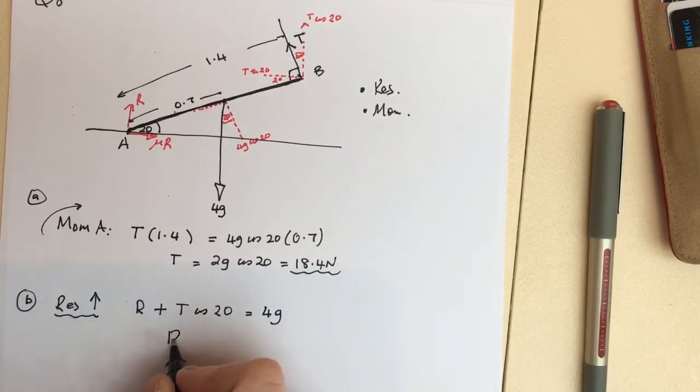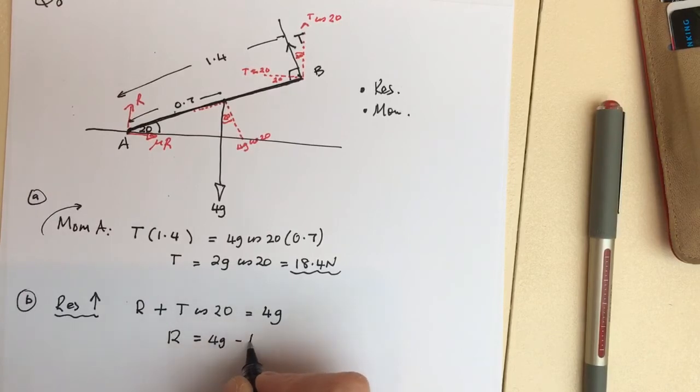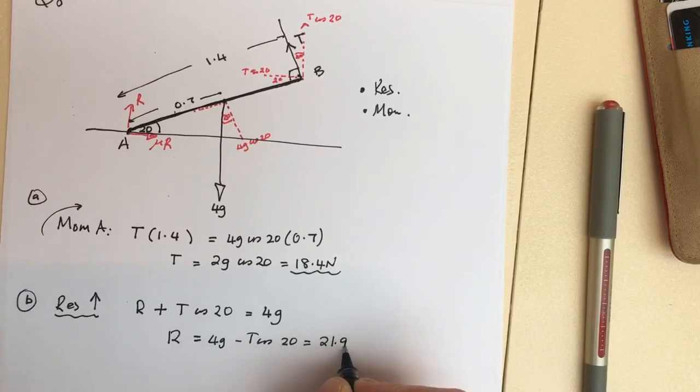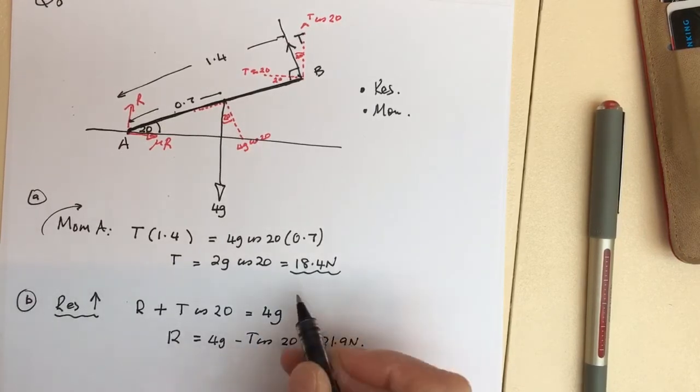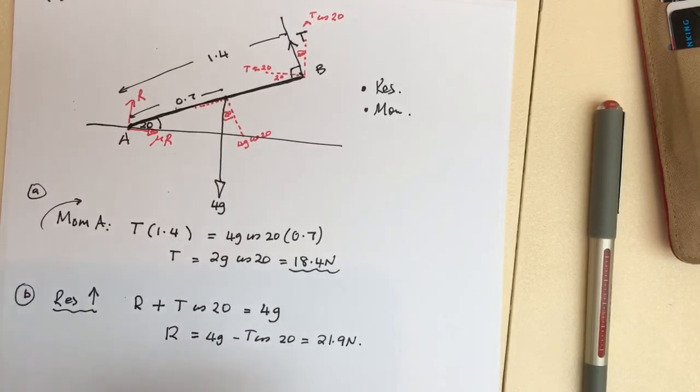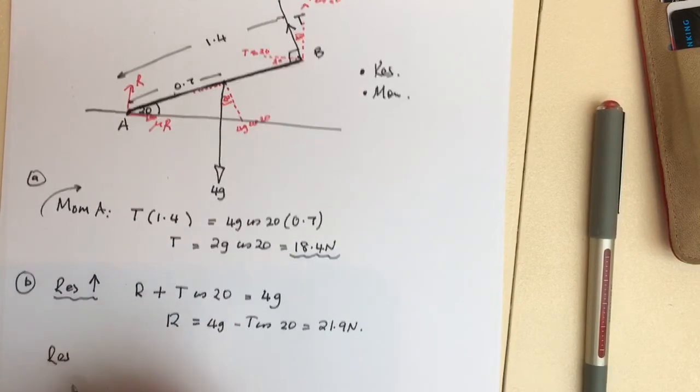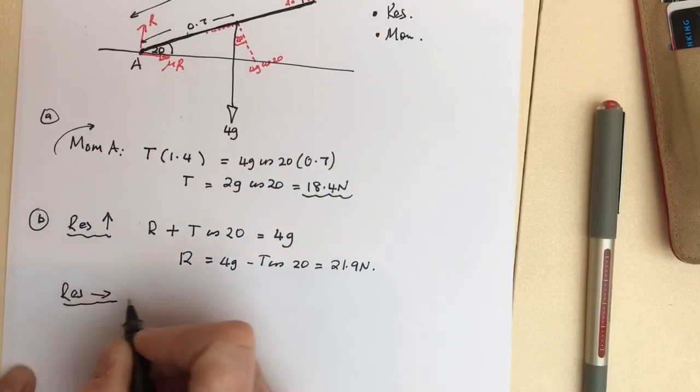So I need to work out what R is. 4g minus T cos of 20, and that comes out as 21.9 newtons, or I can leave it as this if I want to. So then I need to resolve horizontally.